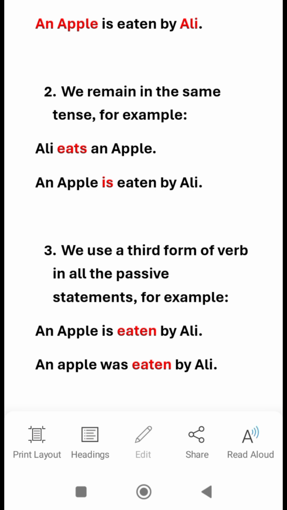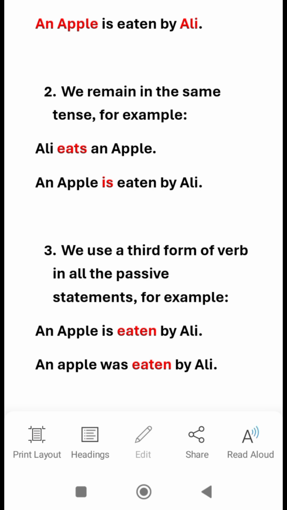An apple was eaten by Ali. An apple will be eaten by Ali. So basically, you can see that all the passive statements, no matter about the tense, they all would have verbs third form used in them. उन सब में verb की third form इस्तेमाल की जाएगी.